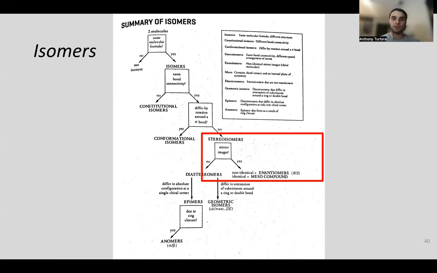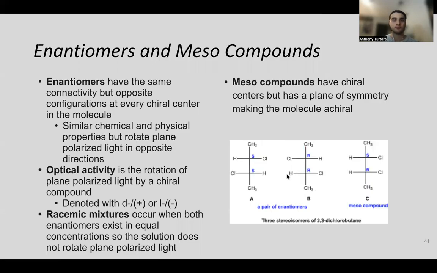So we have two types of stereoisomers here: diastereomers and enantiomers, but we will specifically be talking about enantiomers and meso compounds. Enantiomers have the same connectivity, but opposite configurations at every chiral center in the molecule.